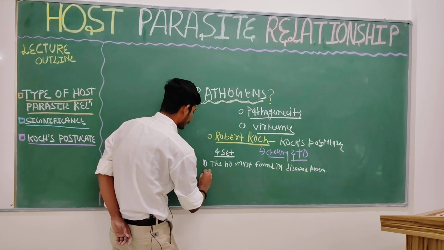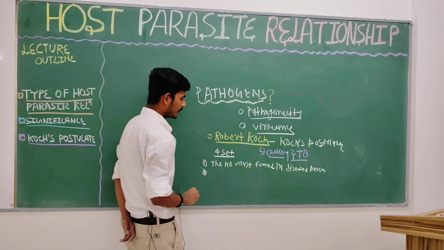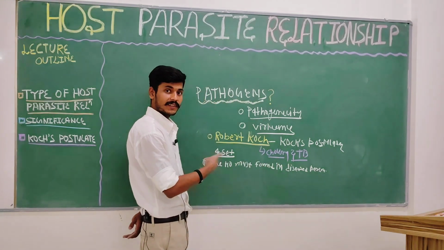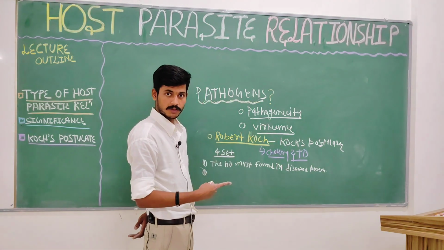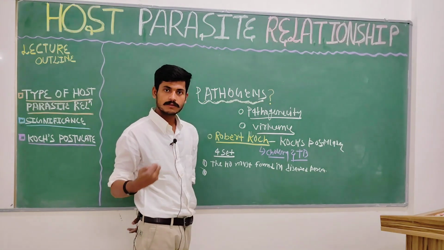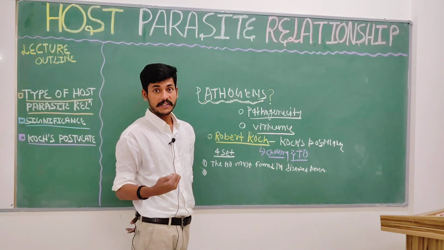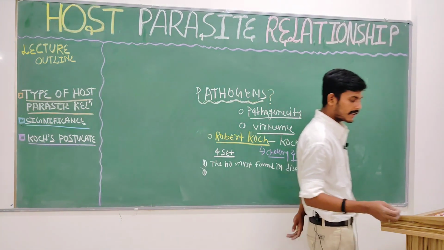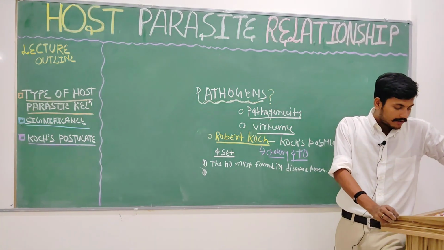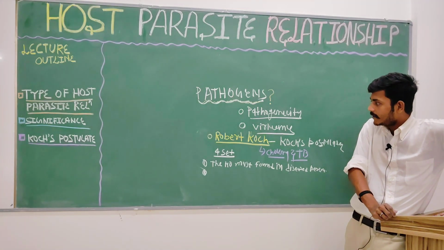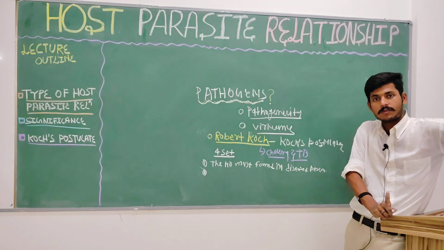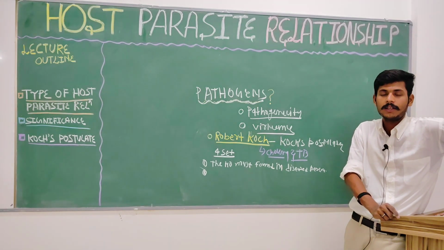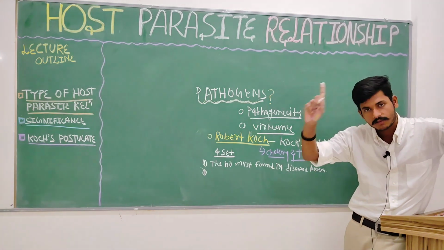The second postulate he provided is that these microorganisms present in the diseased person, not in the healthy person, can be cultivated and isolated. And when this isolated microorganism is inoculated into a normal body, it must cause the disease.